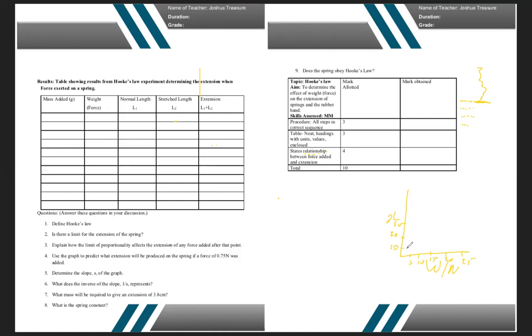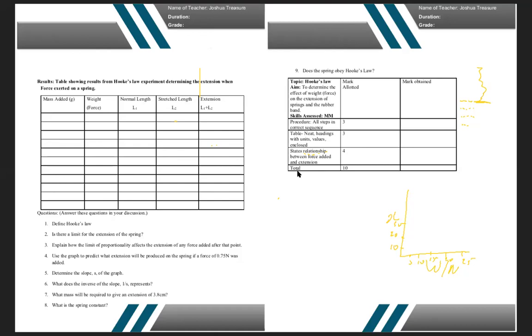Yeah, that's a graph. You should have a graph paper. The values that we're using would be on your table, right? I'm just giving an example.